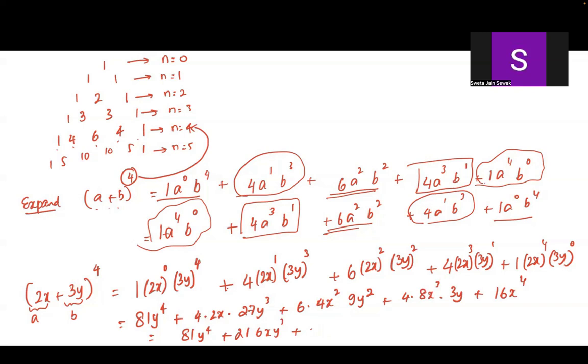This is 216 x squared y squared. My next term is 4 multiplied with 8 multiplied with 3. So that's 12 times 8, 96 x cubed y. And the last term is 16 x to the power 4. Now take some time to go over it again.